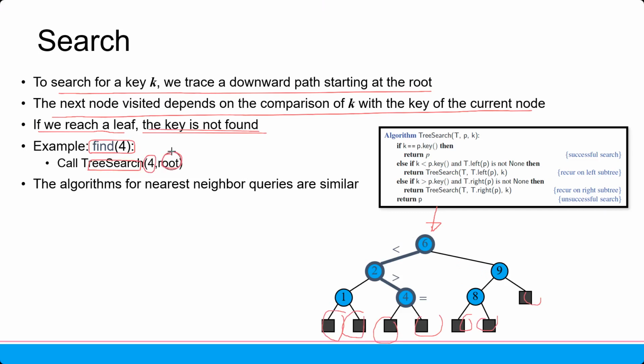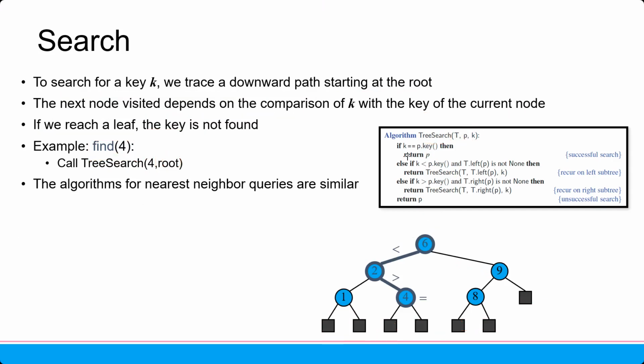So this is the algorithm. TreeSearch takes three inputs: the tree T, the node P, and the key K, which is the value that you want to check on the tree. If K equals P.key, then return P, which means success.